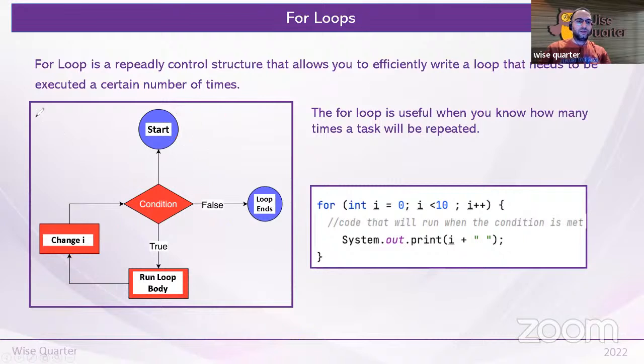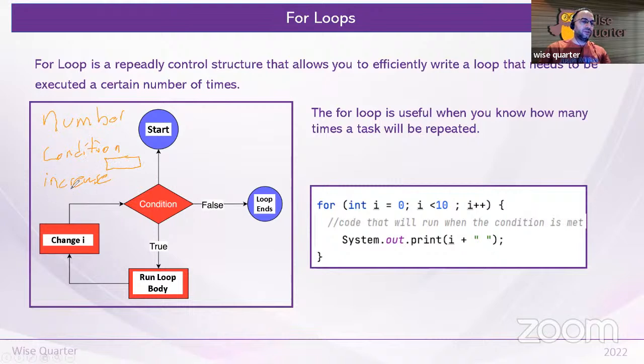Shortly, there will be a number. Then there will be a condition. And each time we can decrease or increase the value. Let's say increase. Number will go to the condition. If it is true, the body will be executed.